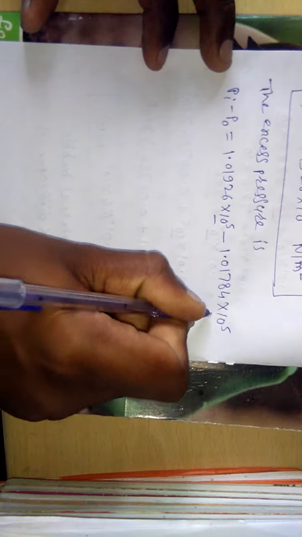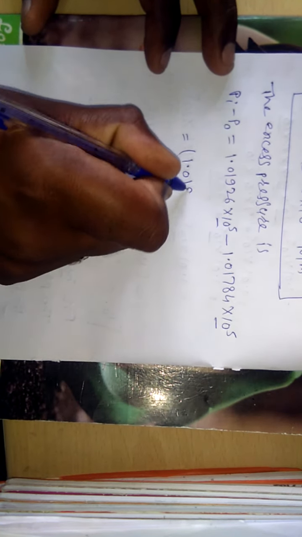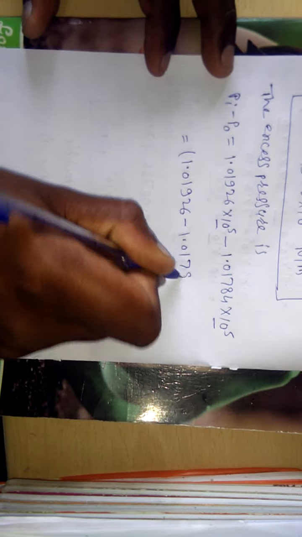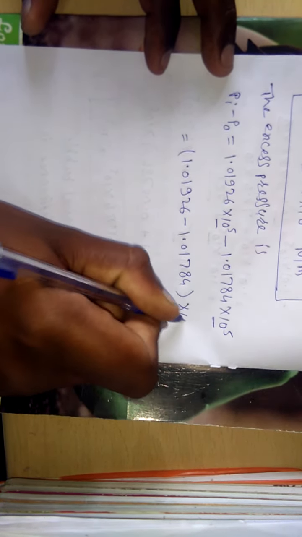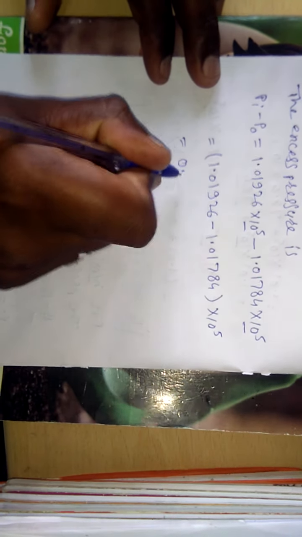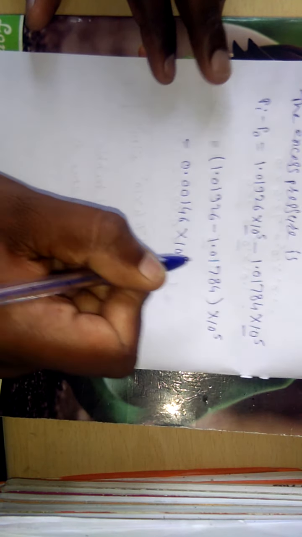Taking 10 to the power of 5 as common, 1.01926 minus 1.01784 into 10 to the power of 5. Then this minus this, we get 0.00146 into 10 to the power of 5.